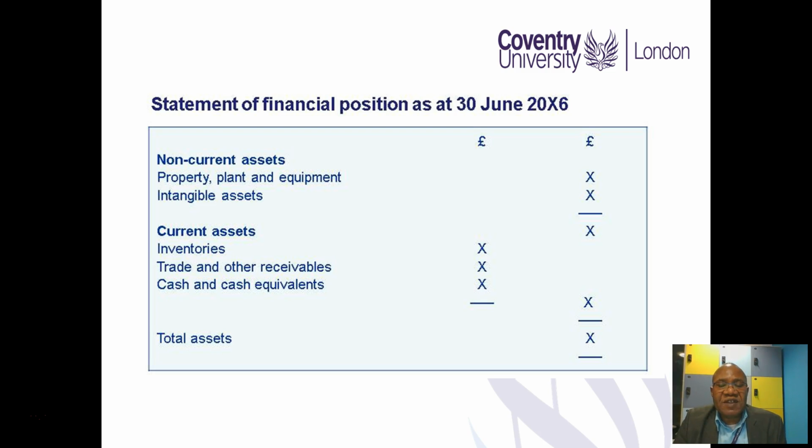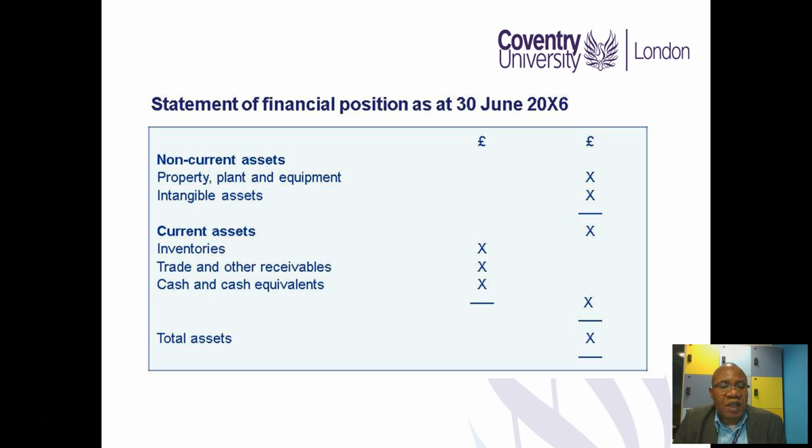A typical example of a simplified statement of financial position that you would find at this level is herewith presented. You will find that they are broken down between total assets and total equities and liabilities.